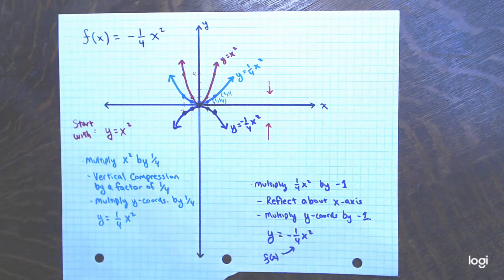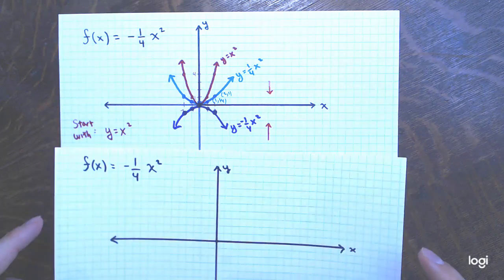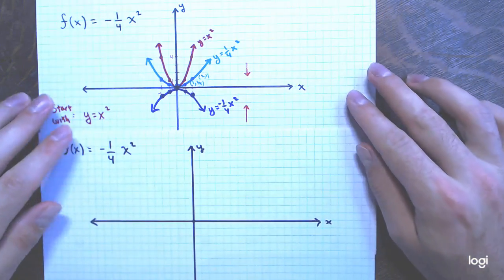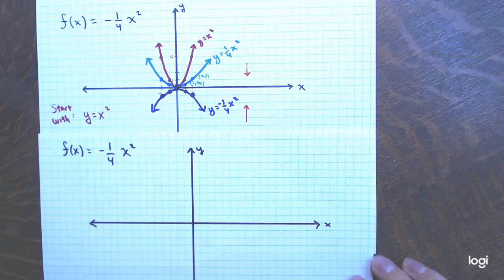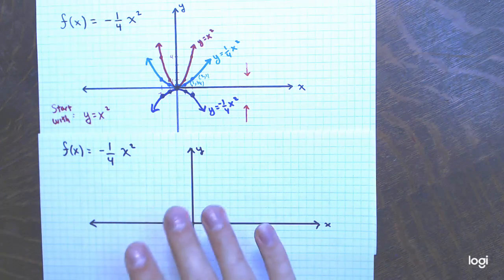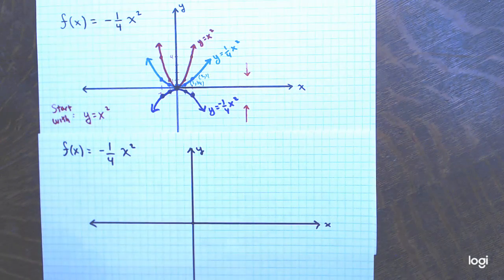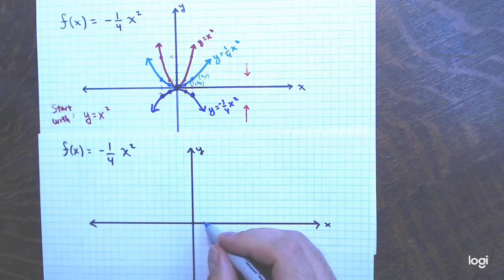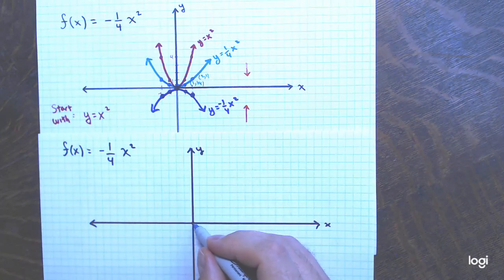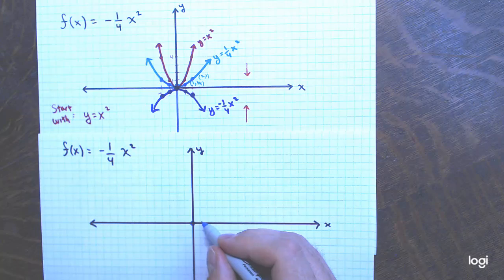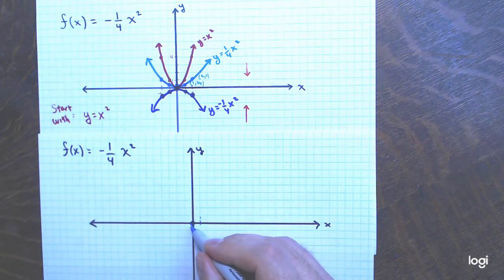And like I said, that's a little cluttered there. I'm going to draw this one more time on a separate graph. Right. So we're looking at graphing f of x equals -1/4 x squared. Got my axes up here already. So there was 0, 0 still on it. Then 1, -1/4.